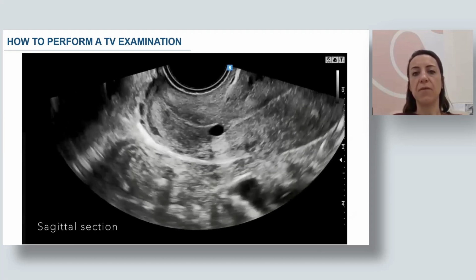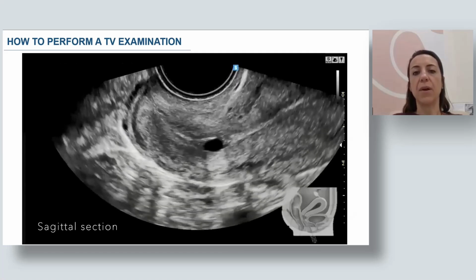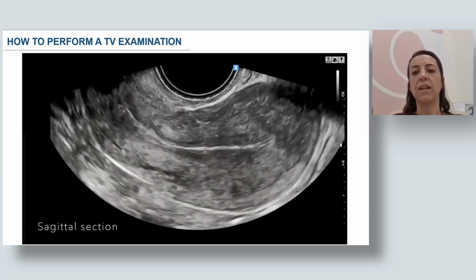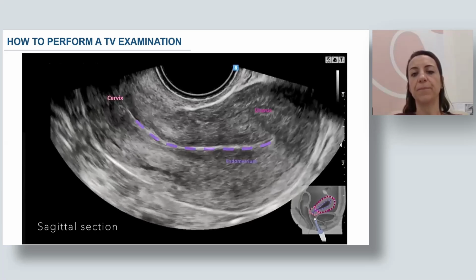This is the cervix. We can visualize the anterior lip, the posterior lip of the cervix, and the cervical canal. Then, moving the probe laterally, we can visualize the uterus and the endometrium.